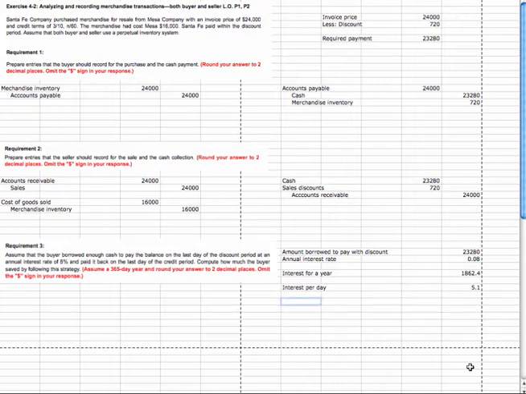So now the question then is the saving, how much did we really save? So the savings from taking the discount, and we can see how much our savings was, $720.